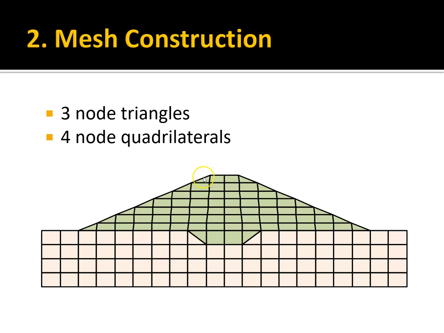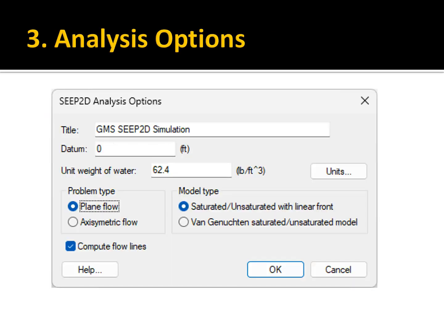In GMS, the way you build a mesh is you create a polygon representing the boundary of each of your material zones, and then you distribute a set of points along the boundaries of each polygon, representing the density of the elements, and then you push a button and it generates all of the interior elements. It's very simple. All right, once you've got your mesh constructed, you select your analysis options.